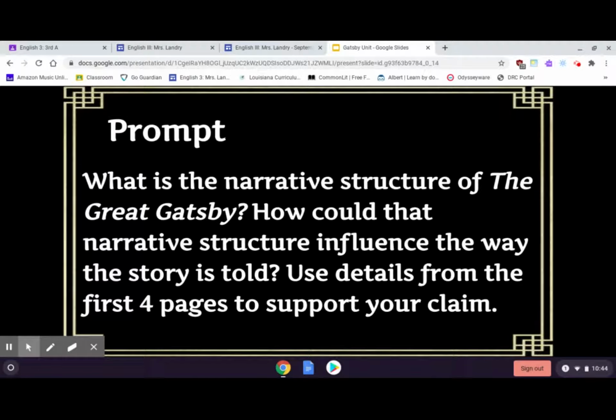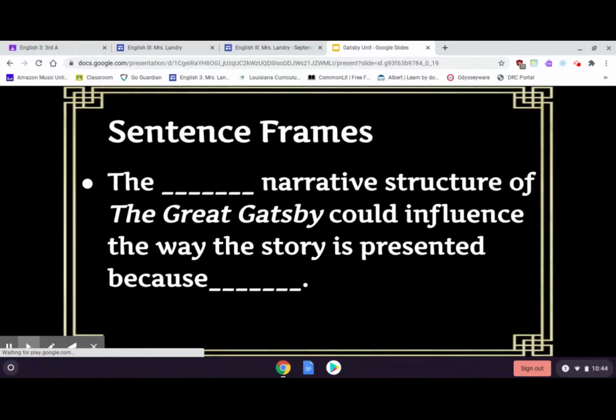What is the narrative structure of The Great Gatsby, and how could that influence the way the story is told? Use details from the first 4 pages to support your claim. So the other day, I believe it was last Thursday, we read pages 1 through 4, and I posted a video annotating those pages. So you need to use details from those 4 pages to help you write this paragraph.